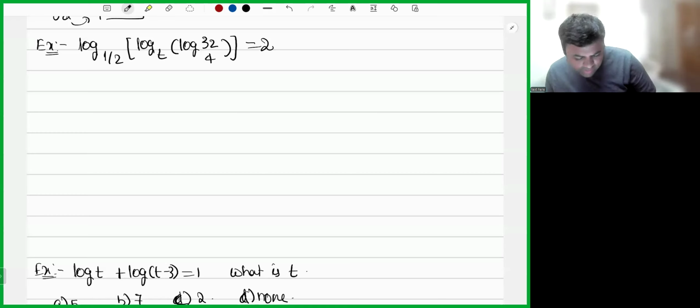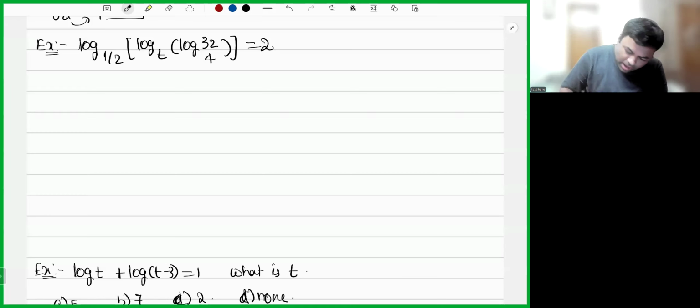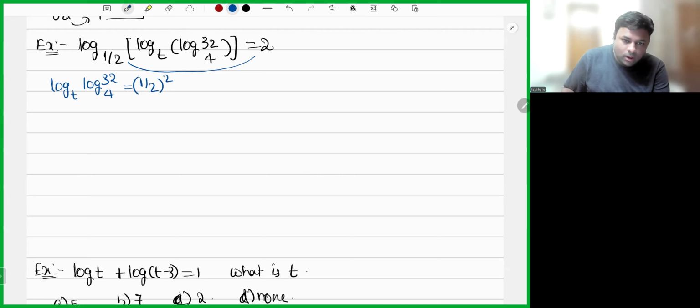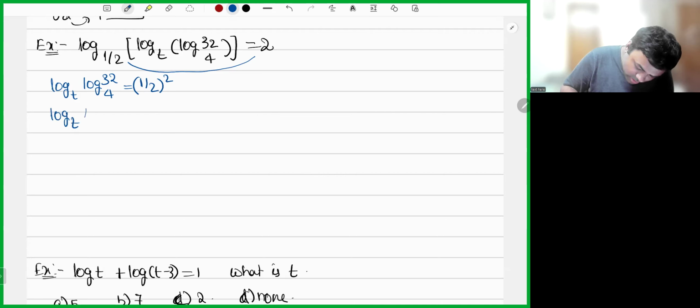So let's look into the answers, my dear friends. Again, we'll come from backwards. Log base t of log 32 base 4 is equal to 1 by 2 whole square. So log base t of log 32 base 4 is equal to 1 by 4.